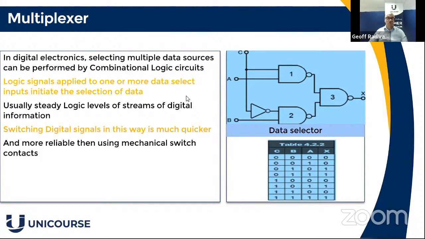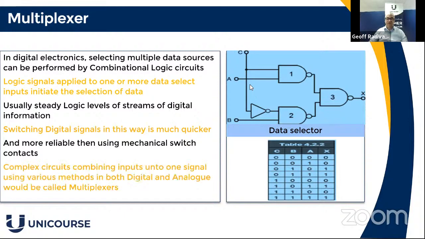So this uses a steady stream of digital information, of logic signals, and this will operate a lot quicker than a mechanical one, and the failure rate is a lot less because it's a semiconductor. As long as you've got power to it, it should last many years.